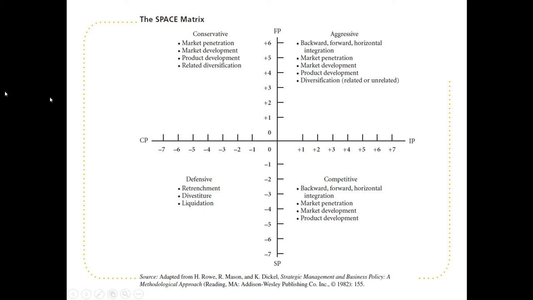So this one here is your internal dimension. And then two external dimensions, your SP and IP.